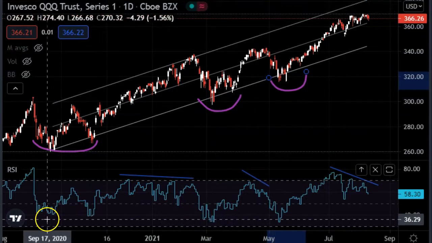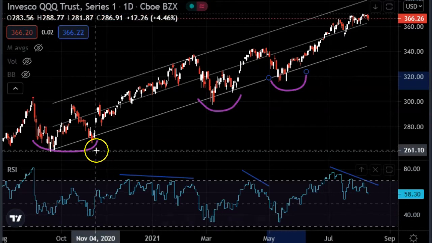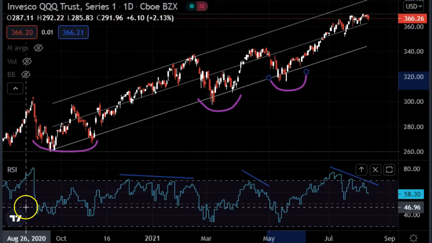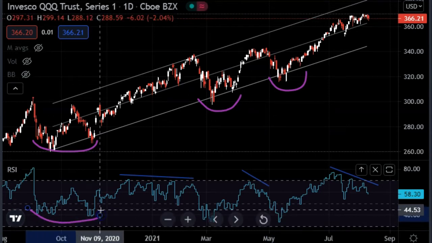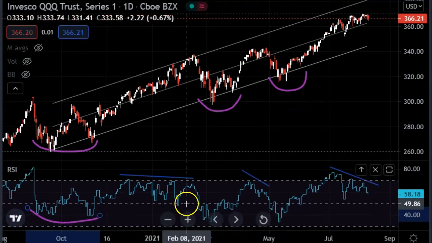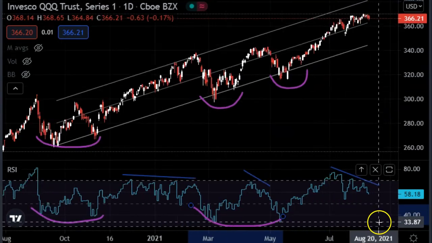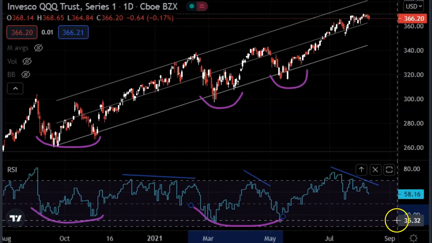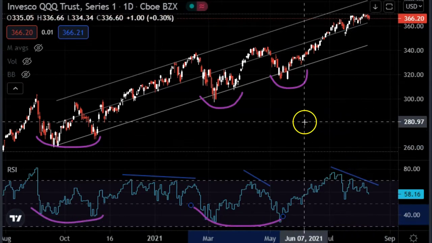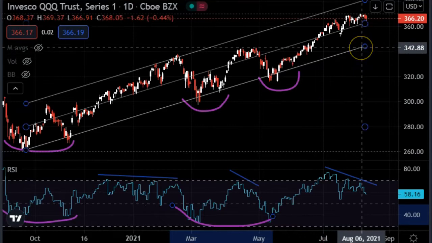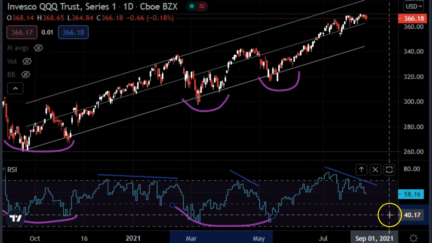And also, when the prices are at the lower end of that channel, the RSI, the relative strength indicator, is also at or below 50. And we are not there now. So in order for the Qs to be cheap, we would want to see something in the 340 level and an RSI reading of around 40.